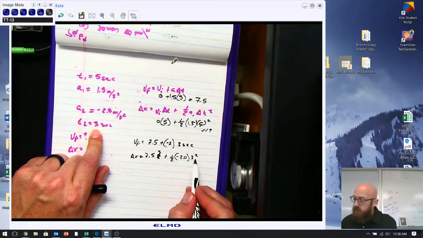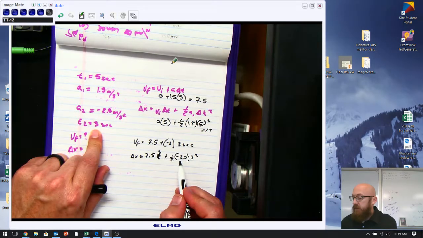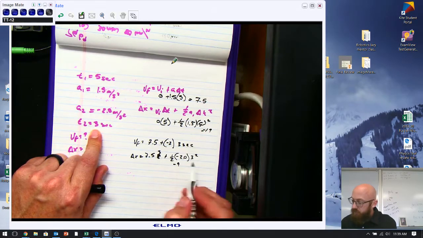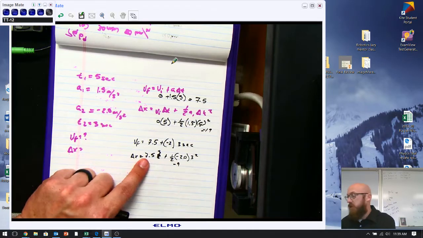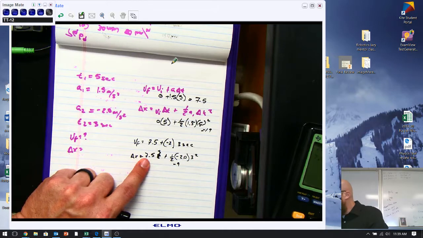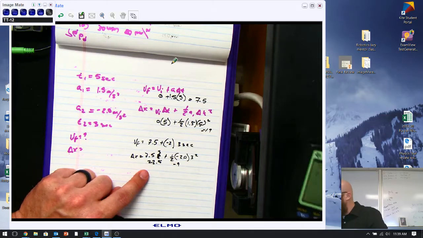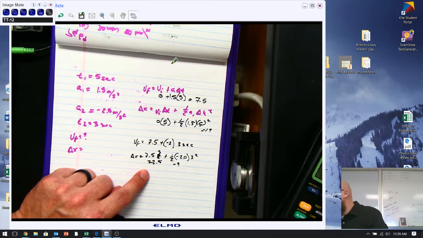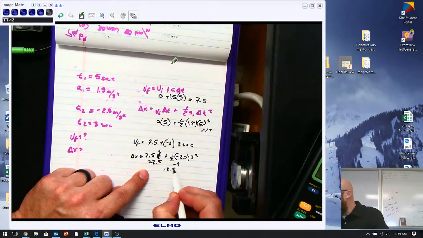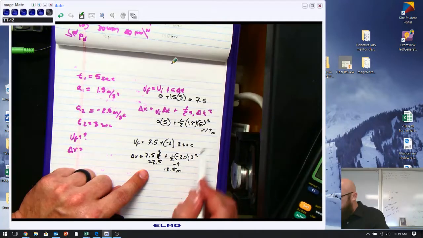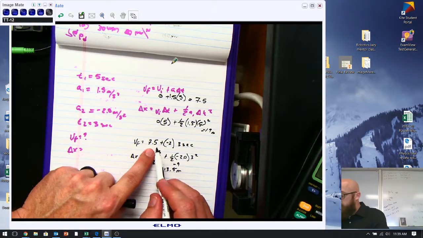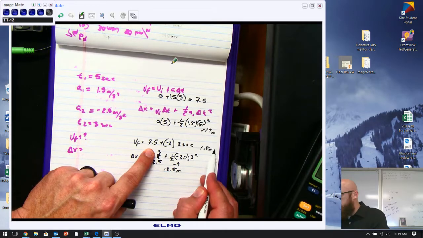So 7.5 times 3 is 22.5, minus 9. This is 13.5 meters. My speed is 1.5 meters per second.